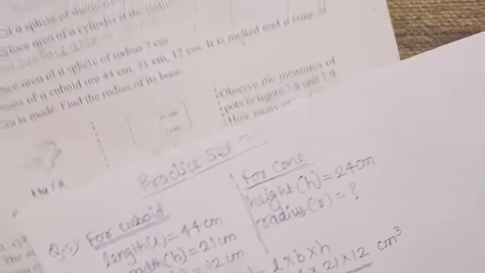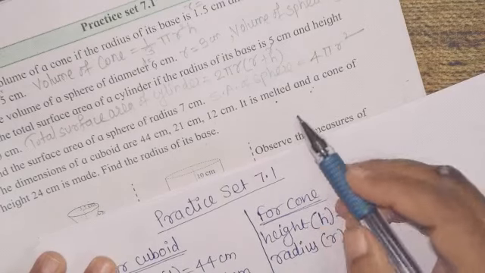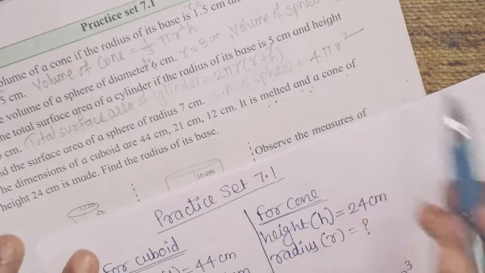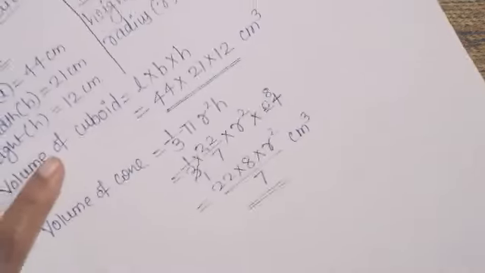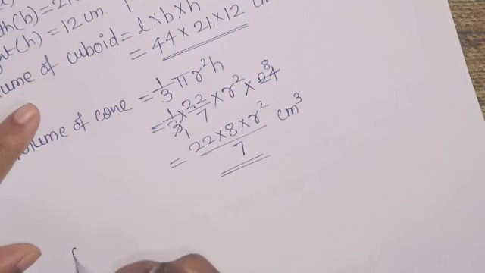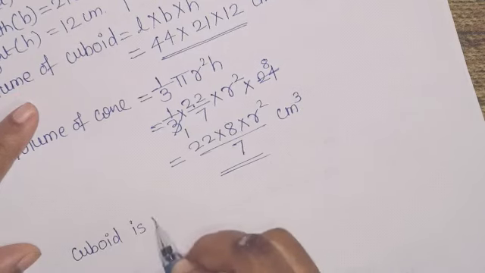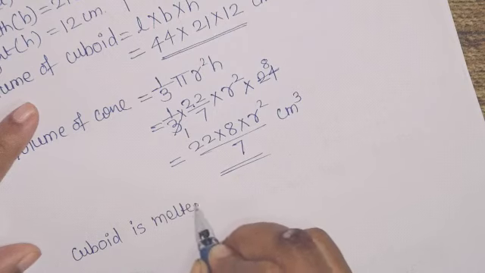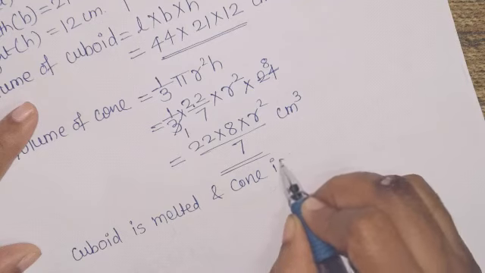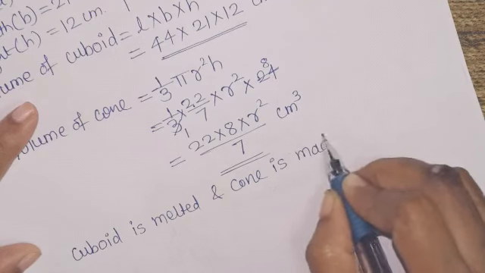Now here in question it is given cuboid is melted and a cone is formed. Cuboid is melted and cone is made.